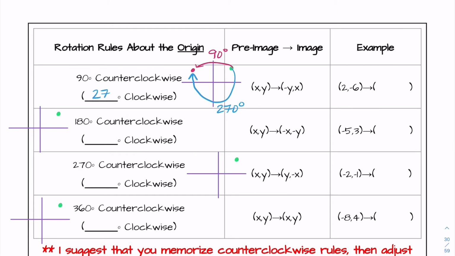How far is that in the other direction? It's 180 as well, because there are 360 degrees in a circle. So direction really doesn't matter here. Counterclockwise and clockwise are the same thing.